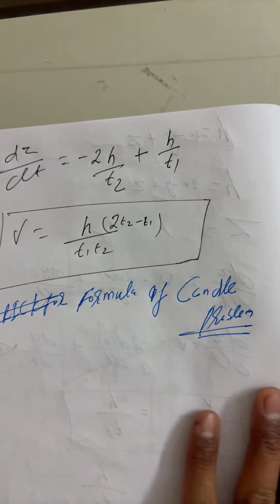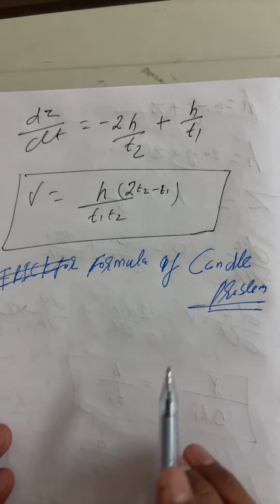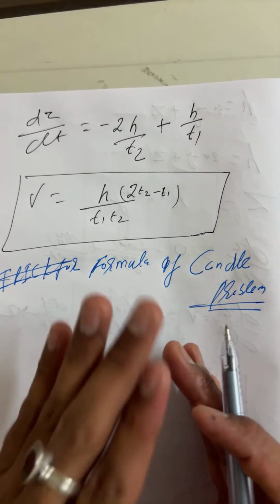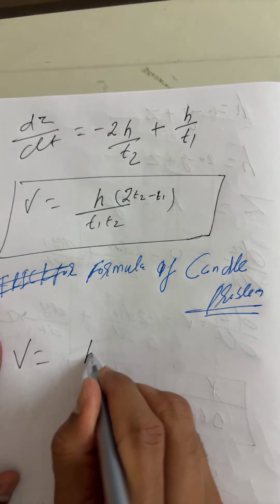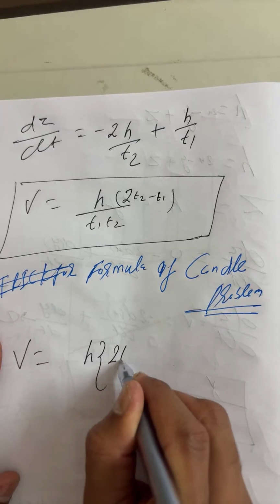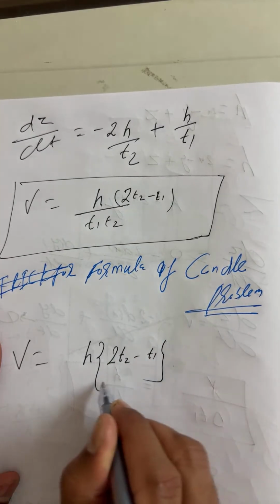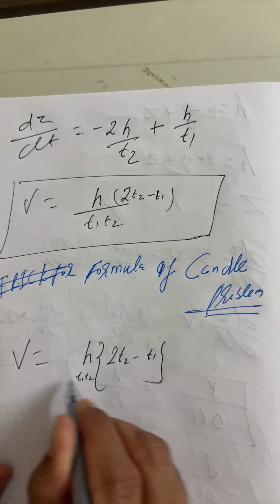But there are conditions. If your candles have identical height and the separation remains the same, then we can apply this formula directly. V is equal to S times twice of T2 minus T1 upon T1 T2.